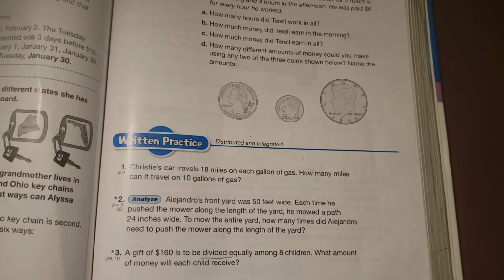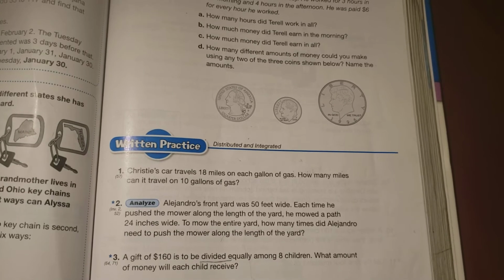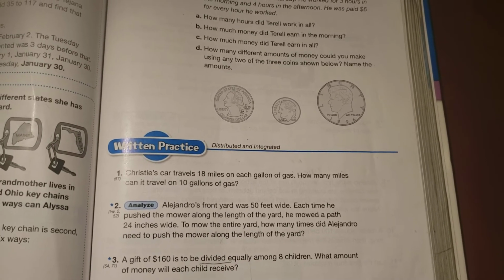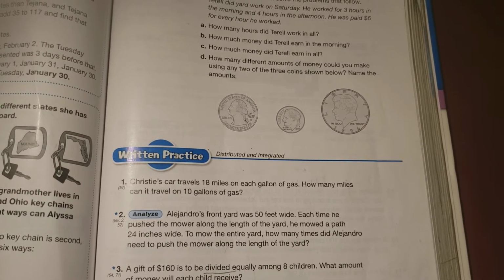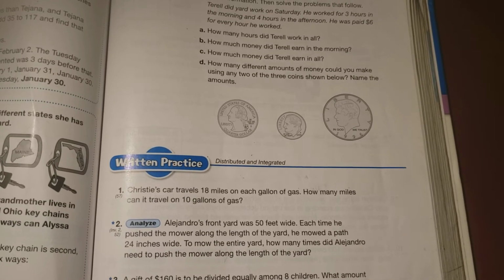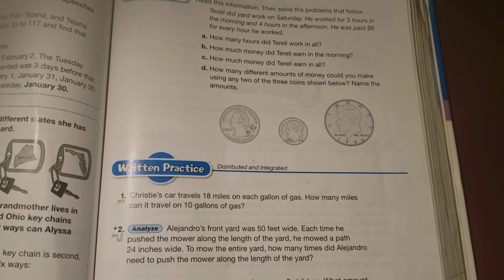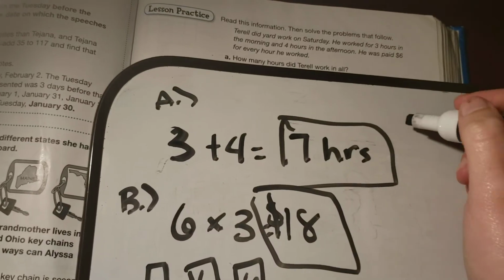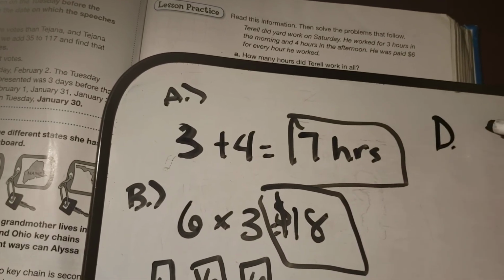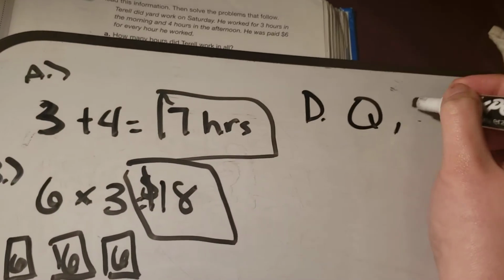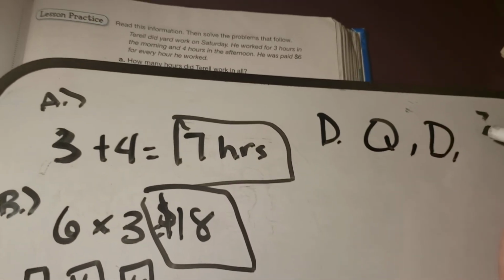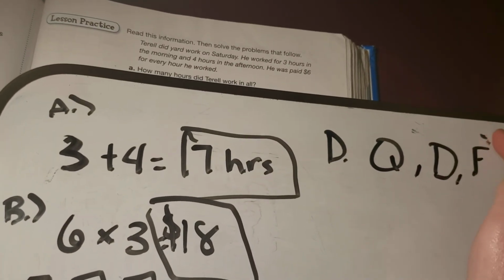And our last question here is D. How many different amounts of money could you make using 2 of the 3 coins shown below? Name the amounts. All right, so we have a quarter, a dime, and a 50-cent piece. So for D, we have a quarter, a dime, and I'm just going to put an F for 50-cent piece.